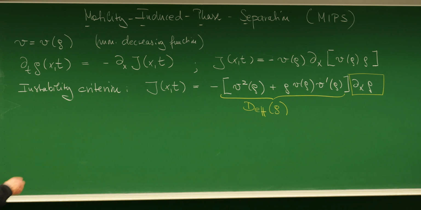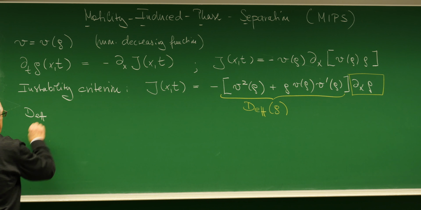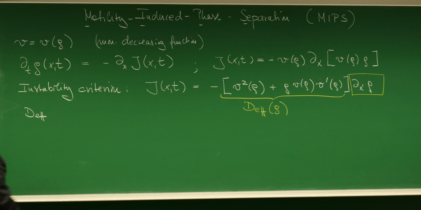So when is this unstable? Well, it's unstable if diffusion does not do what it's supposed to do, namely leveling out gradients, but amplifies gradients, and that happens when diffusion coefficients are negative. So d effective of rho negative means you have an unstable homogeneous state.